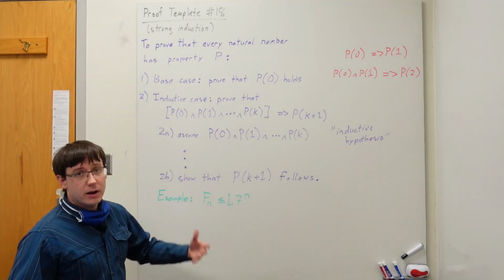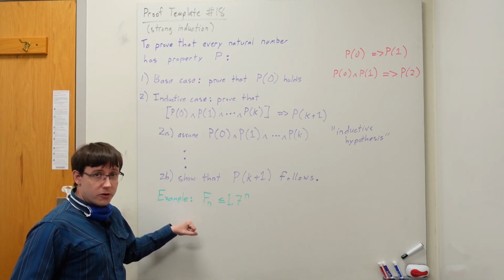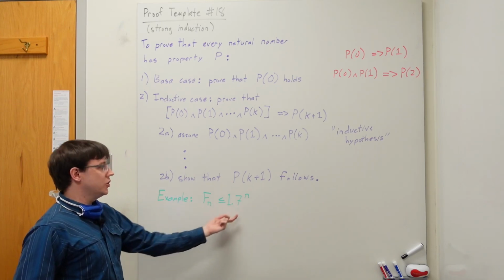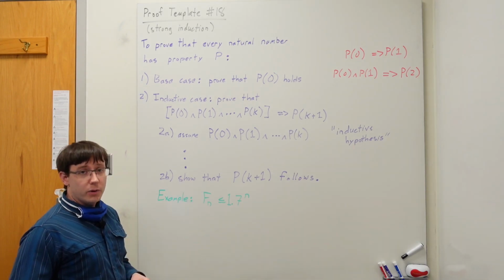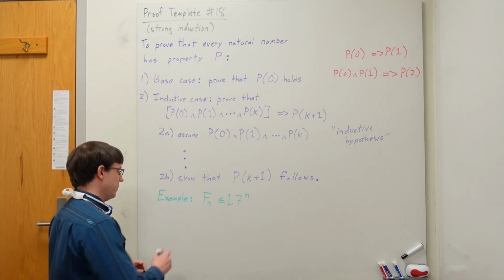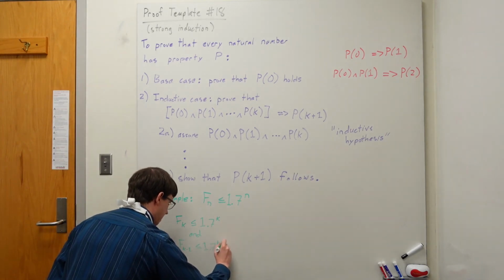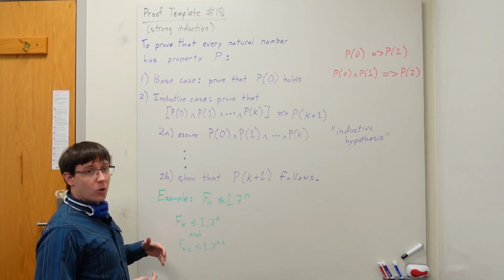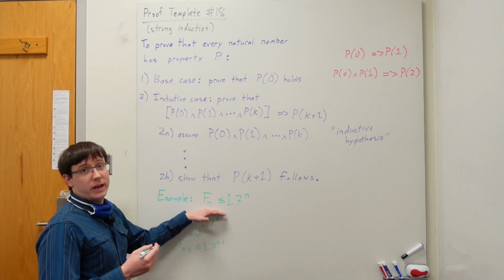When we did our smallest counterexample proof, we needed to think about both the k minus first and k minus second Fibonacci numbers in order to show a bound on the kth Fibonacci number. And likewise, if we were to show this inductively, we would need in our inductive hypothesis both the cases for k and k minus 1 in order to show that the upper bound must also hold for k plus 1.